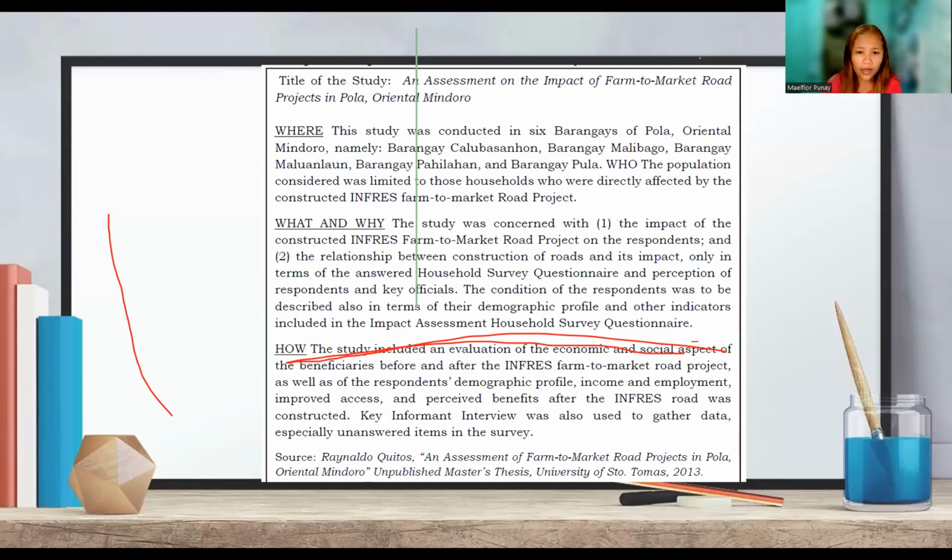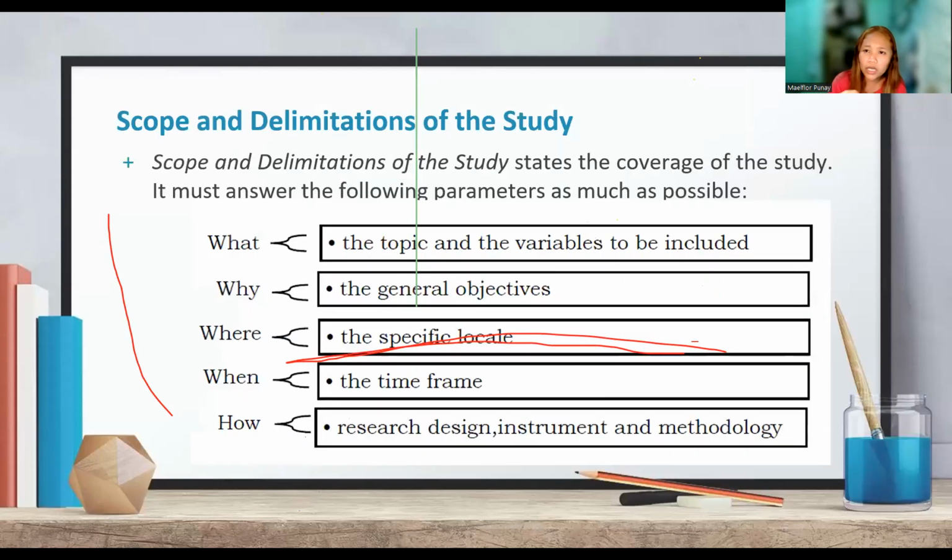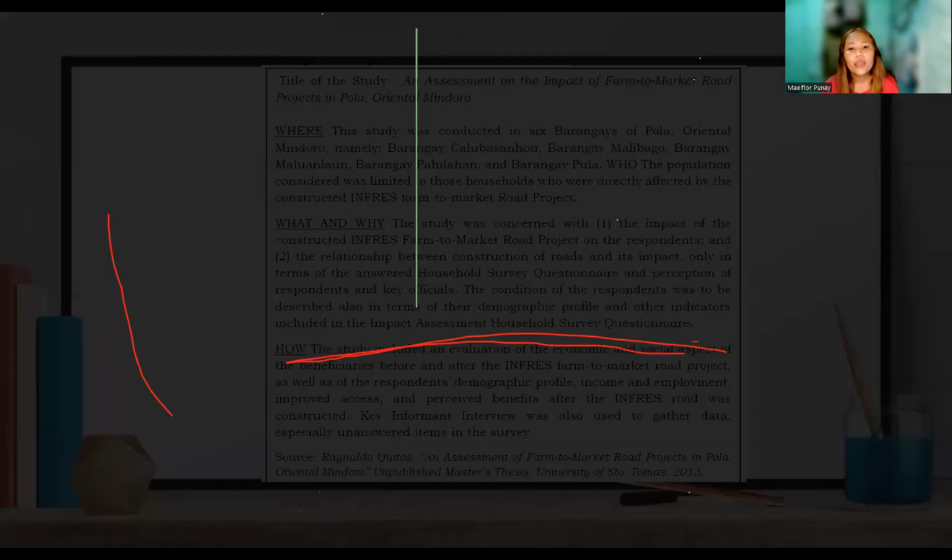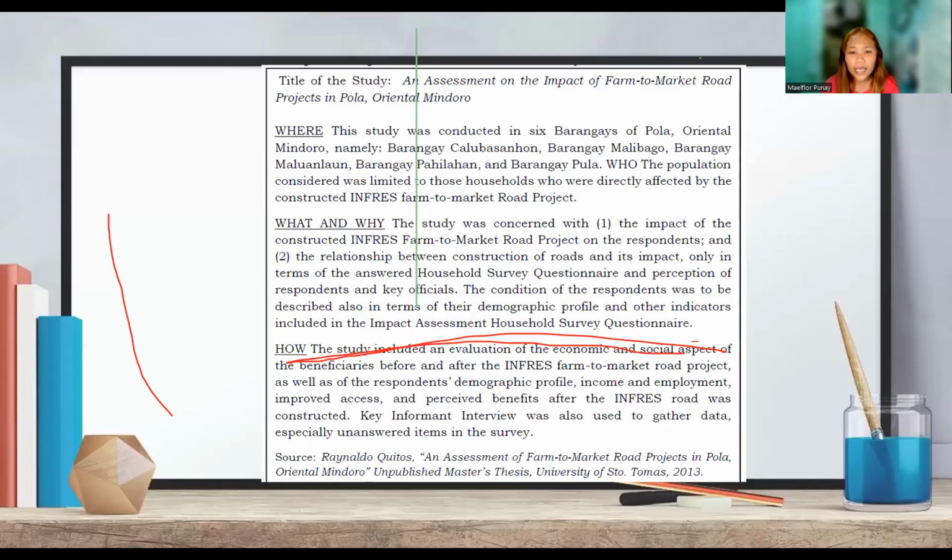So na-state dira. So how mo man na siya unsay research design you are going to use, what instrument, and then the methodology. So in their case, walay time frame, but it was, oh no, wala good siya literally gi-state, but makita nimo nga naa to siya dinhi.